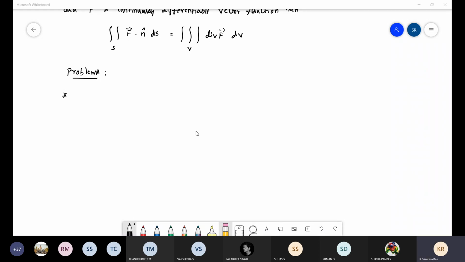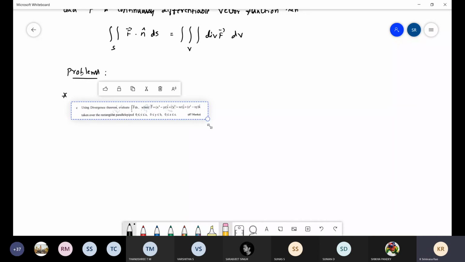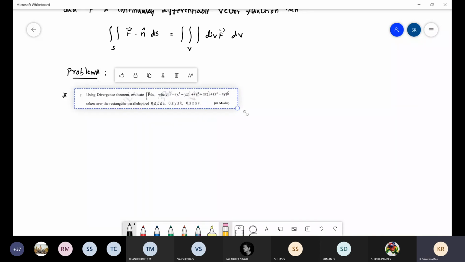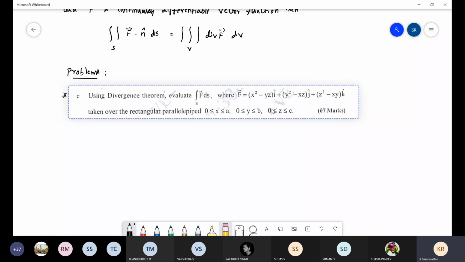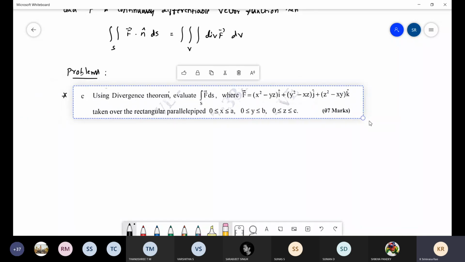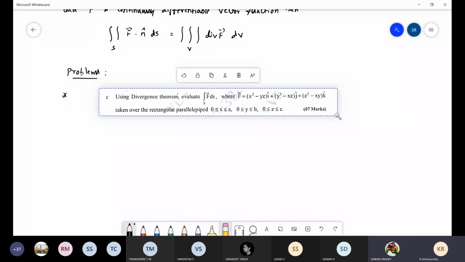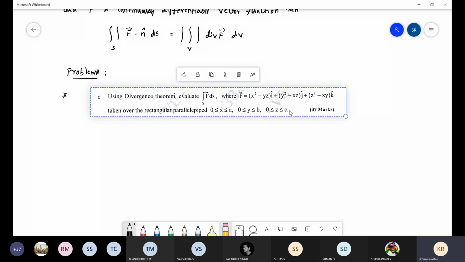Yes, I will take one question paper problem only. Yes, is it visible now? I'll zoom out. Yes, is it clear? Yes, sir. Yes, take down.